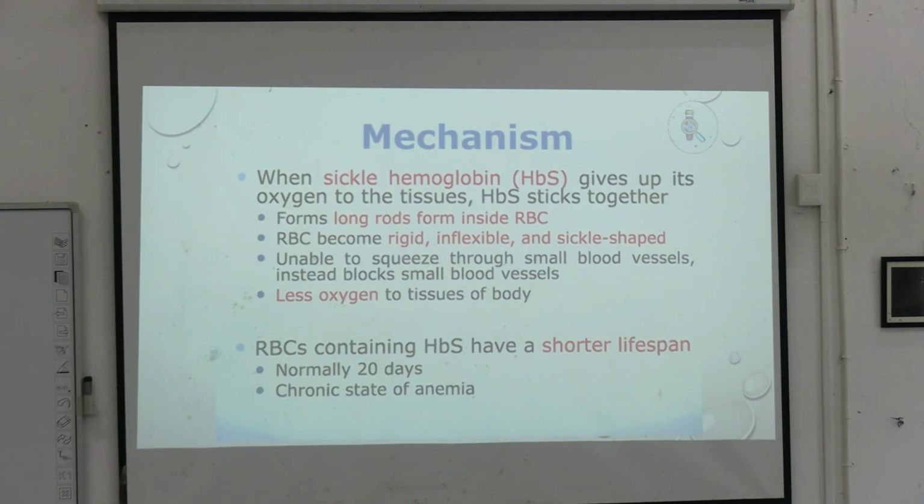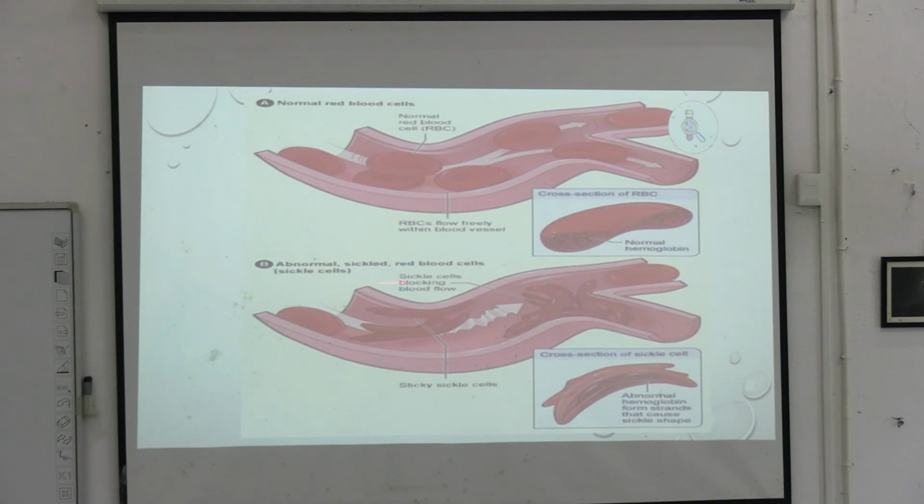In 20 days these RBCs will hemolyze, so there will always be a deficiency in the body. This is how the normal RBCs pass through the vessel wall. As you can see, these are biconcave normal looking RBCs, and these are the sickle cell RBCs which have formed a crescent shape and clogged the vessel walls.